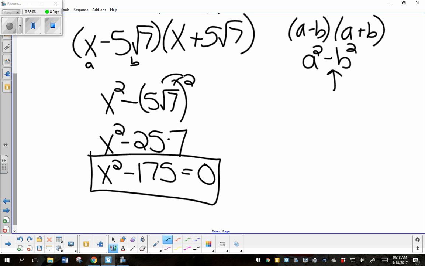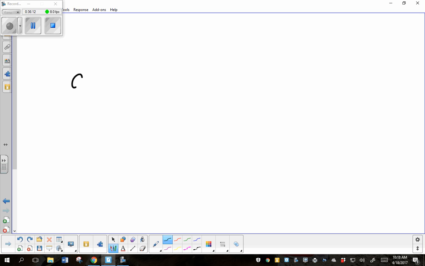Okay, we've got one more. This one is going to have 3 solutions. Negative 4, 0, and 1. This one's tricky. There's 3 solutions. So here's what I want us to do.